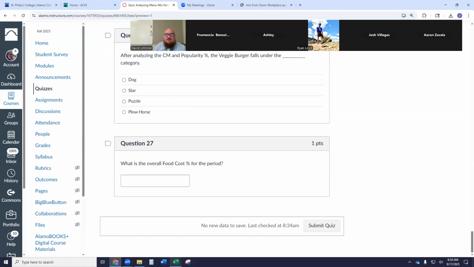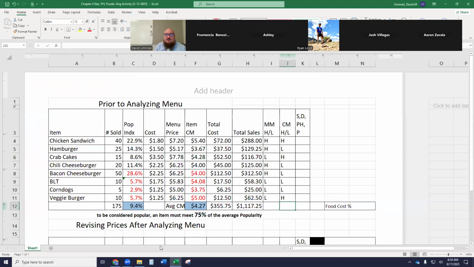If we look on our page here, we have the total cost and the total sales. This is our cost, $355.75, and our total sales is 1,117.25. When you divide those two numbers, use our triangle, and that will give us our food cost percentage. So let's go ahead and do that.